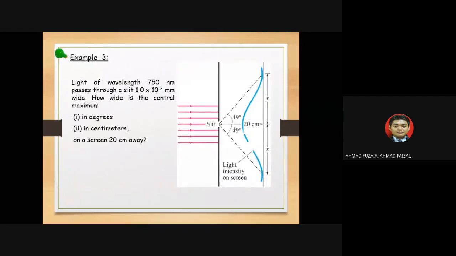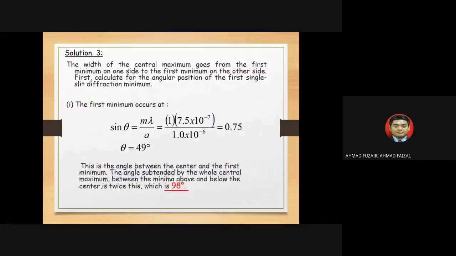But 49 degrees is only this part. You want the width of the central bright maxima. So what you do is multiply your answer by 2, and that will give you 98 degrees. So 98 degrees is the width of the central bright maxima in degrees.